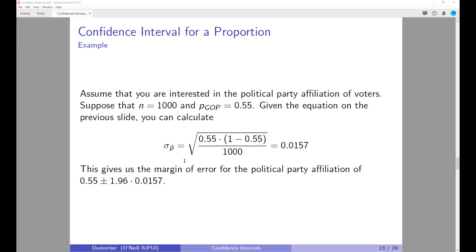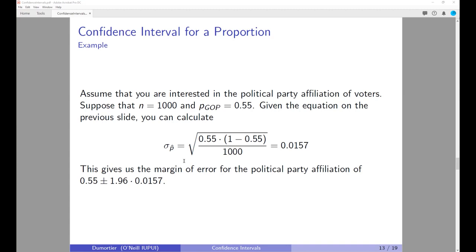So assume now, as an example, that you're interested in the political party affiliation of voters, and you're sampling 1,000 people. And you find that 55% of the 1,000 people you sample are Republican voters.